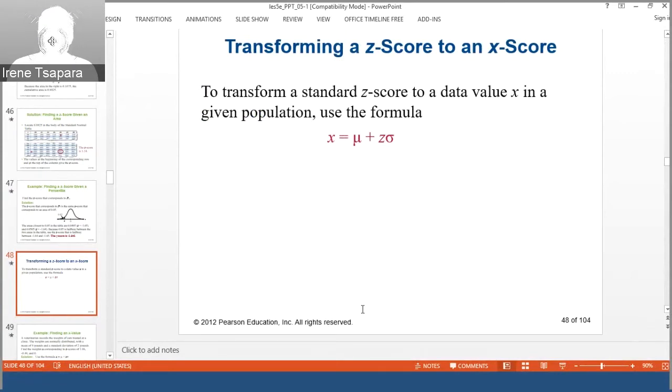This is when I have populations, but you will rarely have populations. Most of the time you are going to work with sampling distributions. Okay.